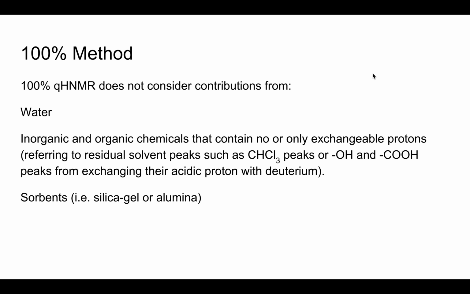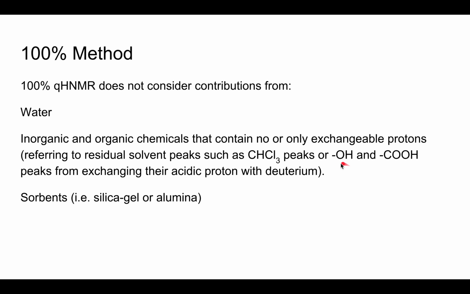The second thing it refers to are your OH and COOH peaks. This refers to this term, exchangeable protons. Remember that the protons for these functional groups can be acidic, and what can happen is that the proton can actually swap with a deuterium atom, and when that occurs, an OH and your COOH are sometimes not present in your NMR spectrum.